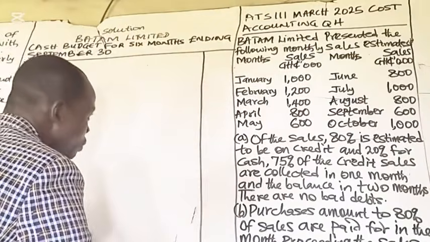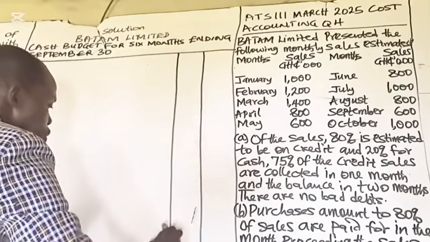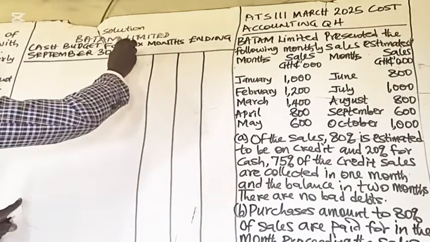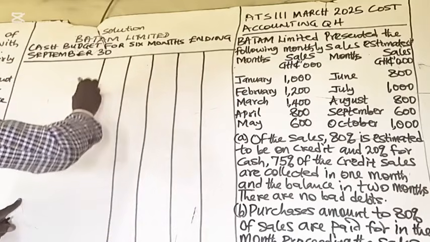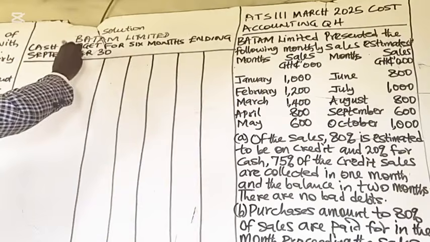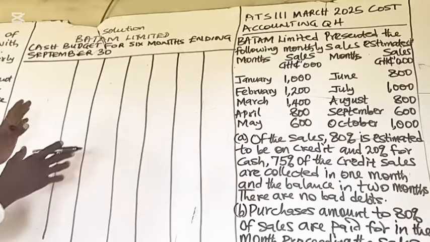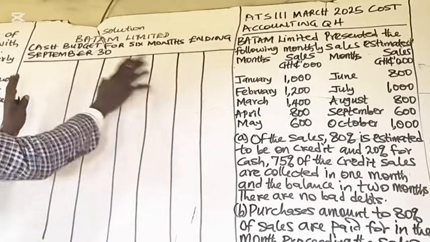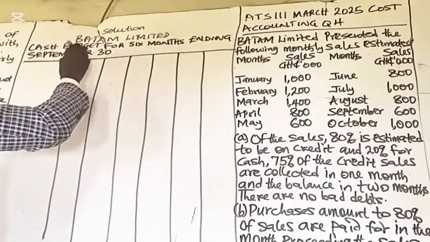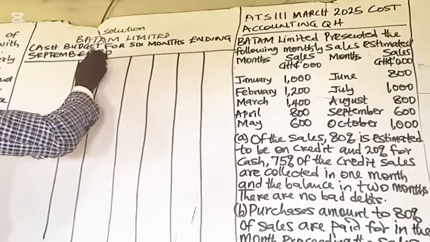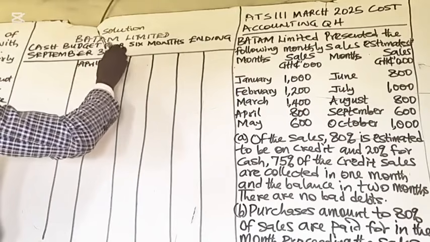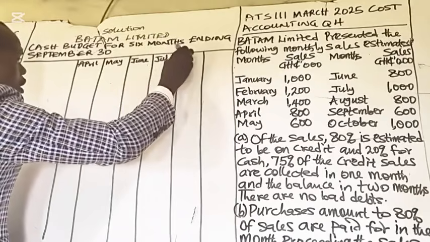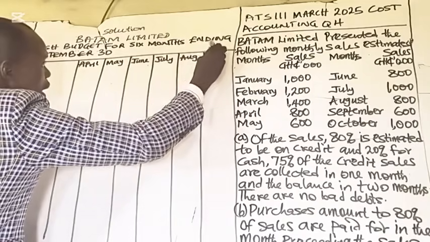Let's rule the columns. 1, 2, 3, 4, 5, 6. I would have included a total column to make it 7, but there is not enough space, and I wish to capture it well. So now, start beginning from April, May, June, July, August, and September.